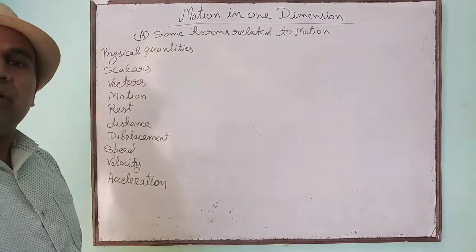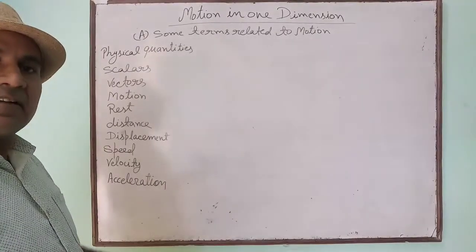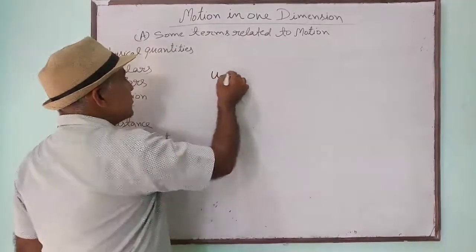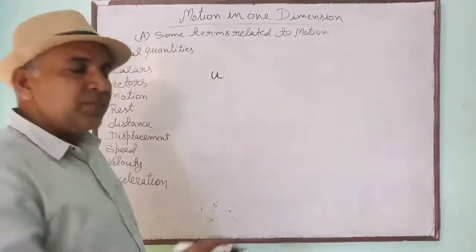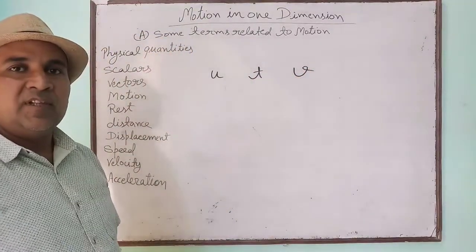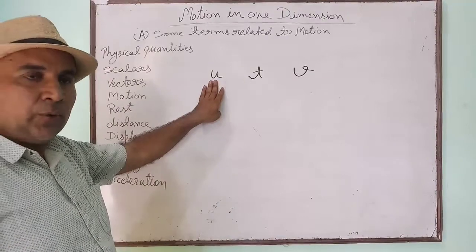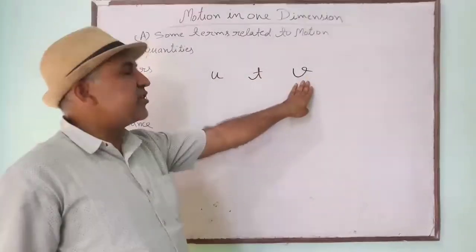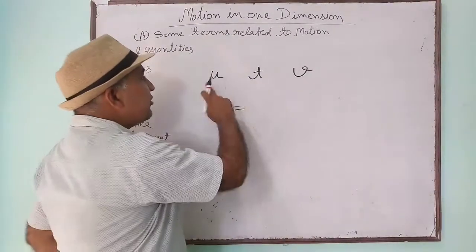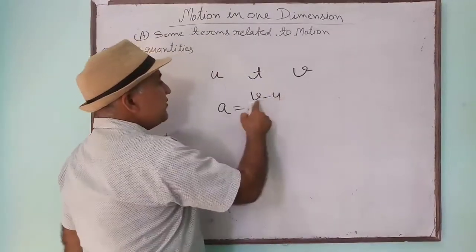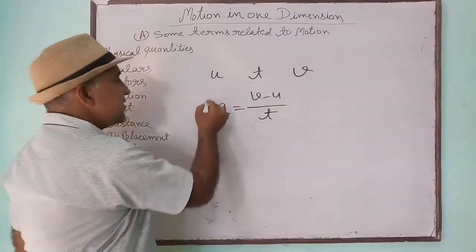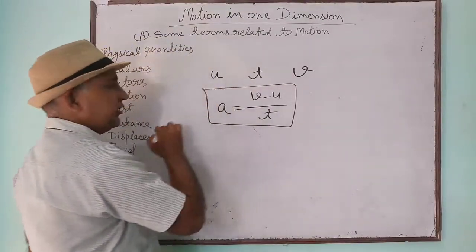About acceleration, you have studied that acceleration is the rate of change of velocity. Suppose that one object is moving with velocity u. After time t, its final velocity becomes v. Then according to the definition of acceleration, rate of change of velocity, change in velocity will be v minus u, and it is divided by time. So this is the formula for acceleration.